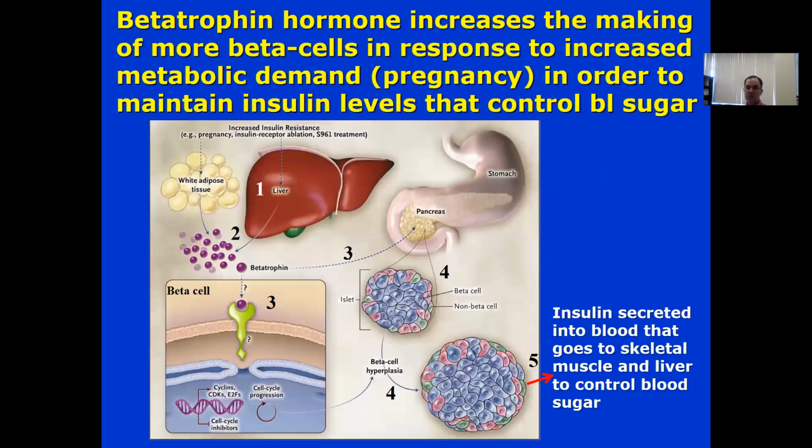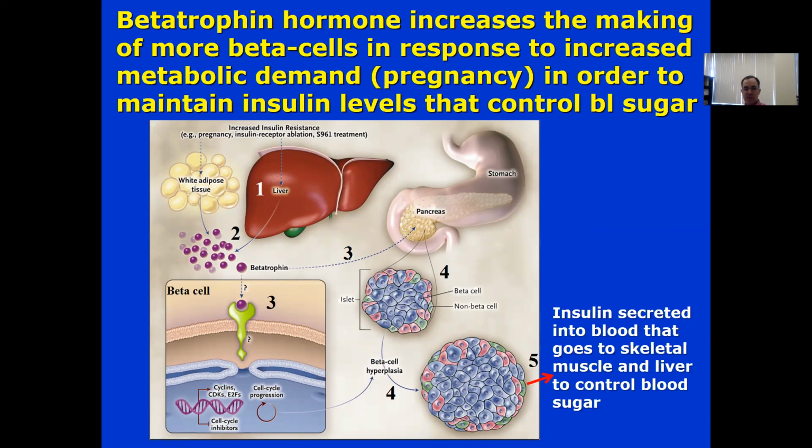Well, what happens during pregnancy? What changes? Well, this is a pathway that talks about how a woman who becomes pregnant adapts to the pregnancy to prevent gestational diabetes. So reading the top here, you have this hormone called betatrophin.